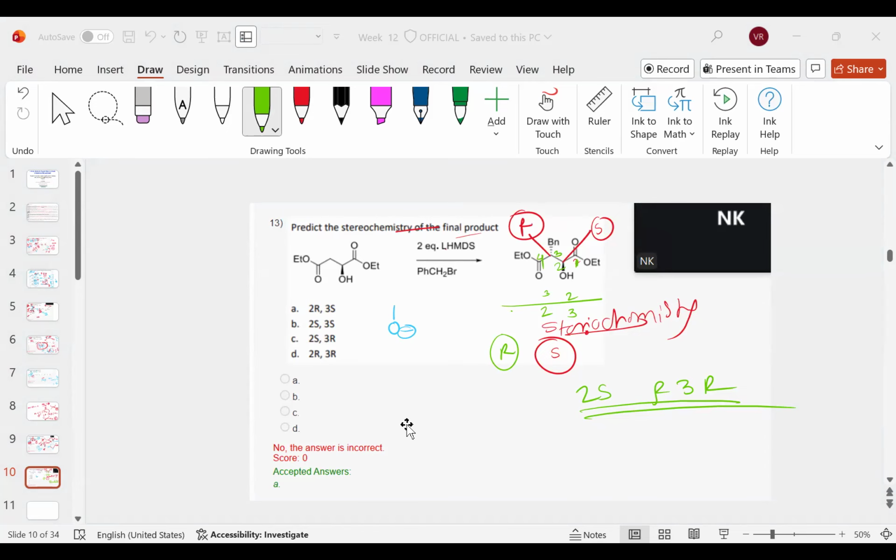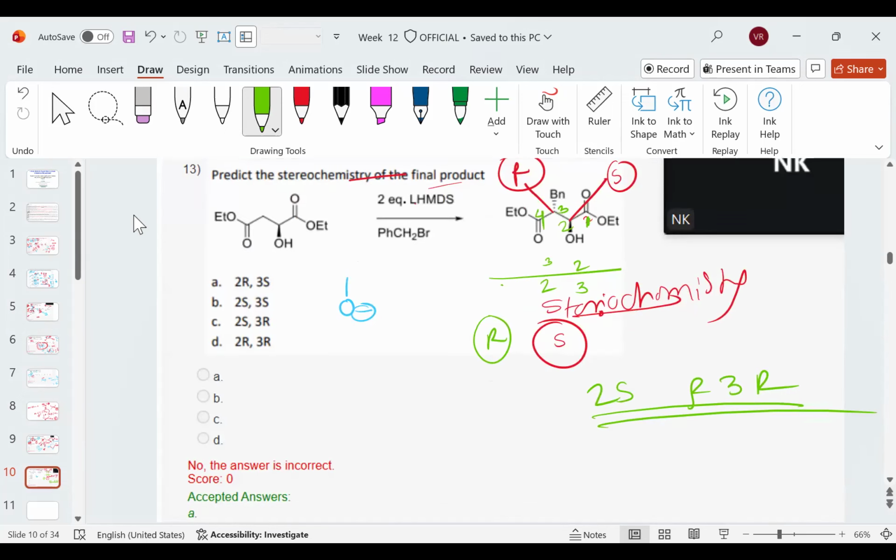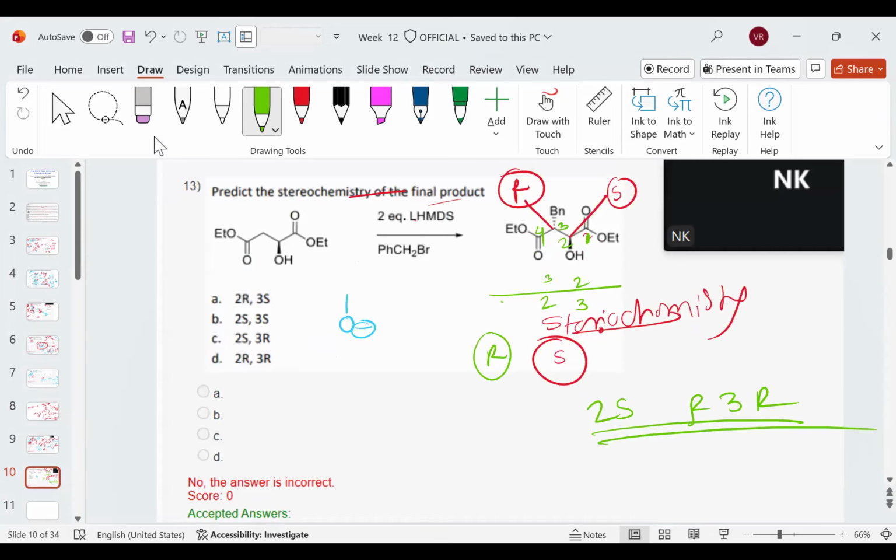Okay, in the product they have given answer A. Still confusing. Whether I forgot the IUPAC nomenclature or what, I don't know. Can you also have a look at this? No, we are right. Probably during choosing the option, they did something wrong or something happened.